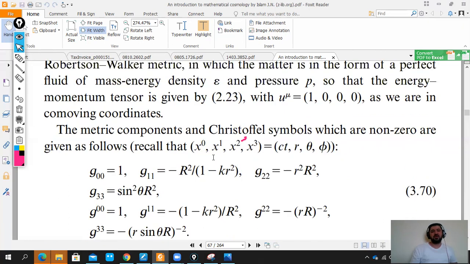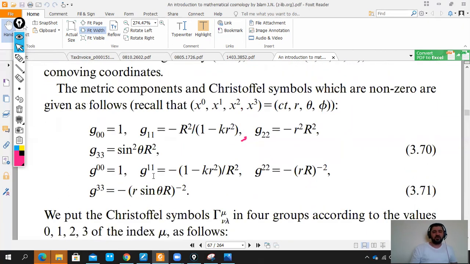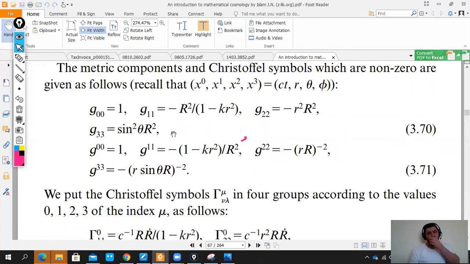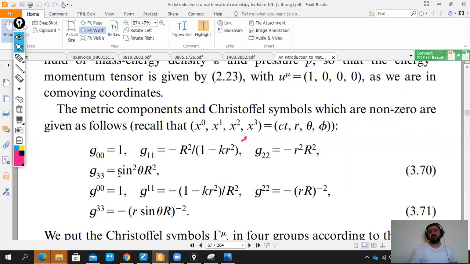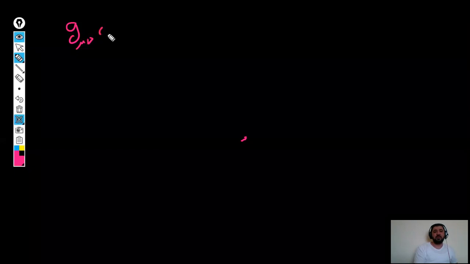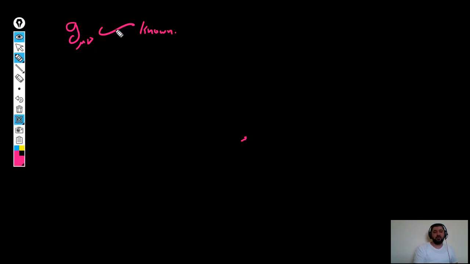Of course, we depend on the fact that g mu nu with its inverse equals 1, so we can derive these equations. Now we have the components of g mu nu, and this is what's important.